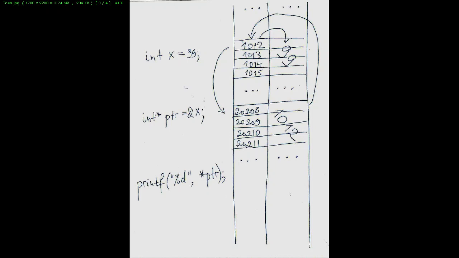And now you see that again pointer needs 4 bytes, and you see that at 20,208 address I have a value 1012. So basically you see what happened.